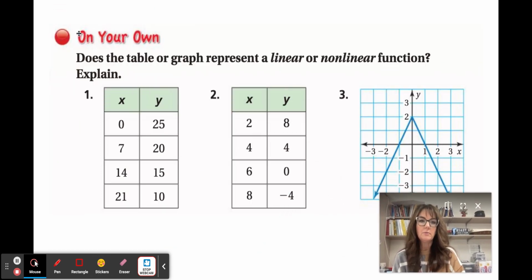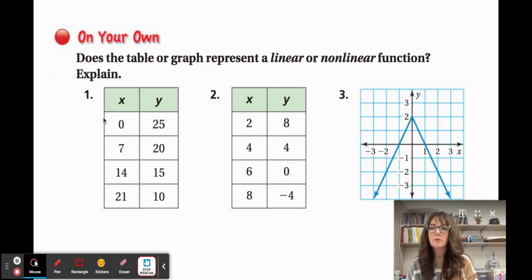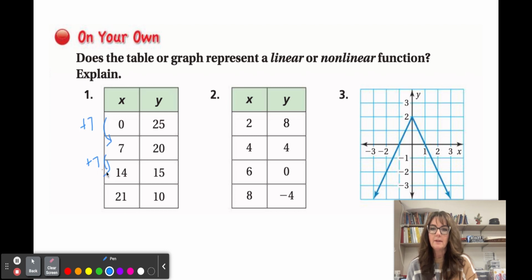So let's do some examples. Okay, so what's happening here? We see it's increasing by 7, increasing by 7, increasing by 7. Here it is decreasing by 5, decreasing by 5, and decreasing by 5.